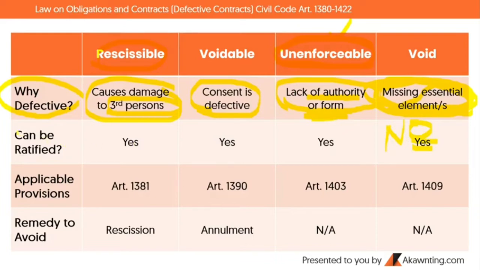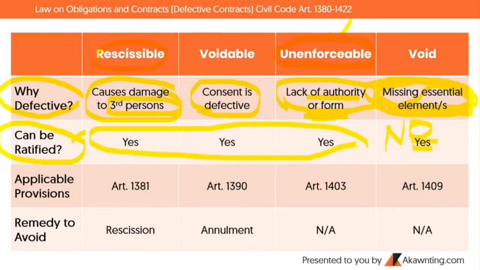Yung pangalawang row naman, ano yung can be ratified? Pag sinabi nating ratified, pwede ba nating ma-cure yung defect? Okay, actually, ratification, kinu-cure natin yung defect. Pagdating sa rescissible to unenforceable, yes, pwede pa nating ma-cure yung defect, kapag nagkaroon ng ratification. So, later on, sa mga future videos, i-explain natin kung paano ma-ratify ang bawat contracts na yan.